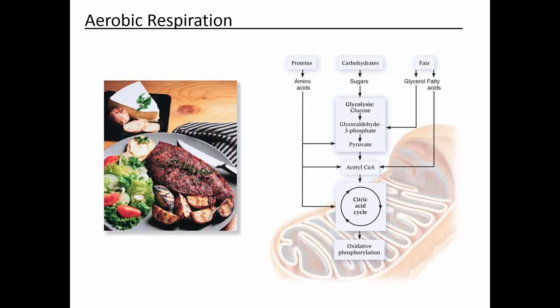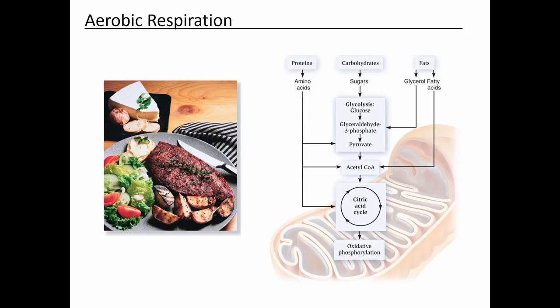Okay, so also important to know is how many ATP each of the processes produce. And when we talk about how much ATP is made, we're going to focus on glucose being the energy source. So we're going to focus on glucose being the molecule that gets broken down to provide energy for the ATP production. And per glucose molecule, you make 2 ATP during glycolysis. You make no ATP during pyruvate oxidation.